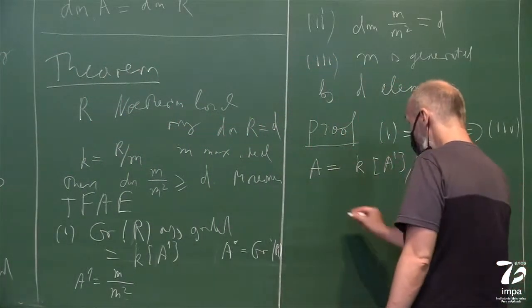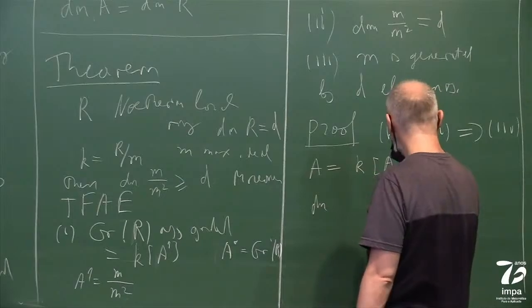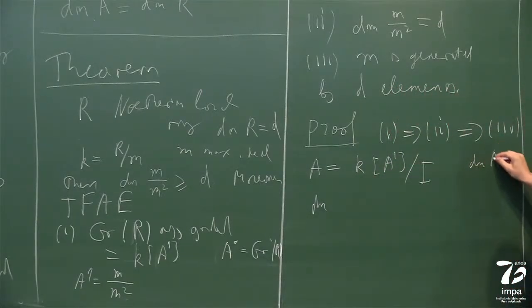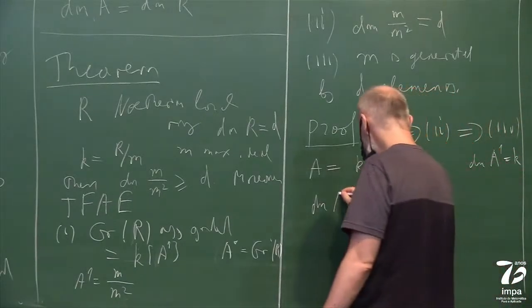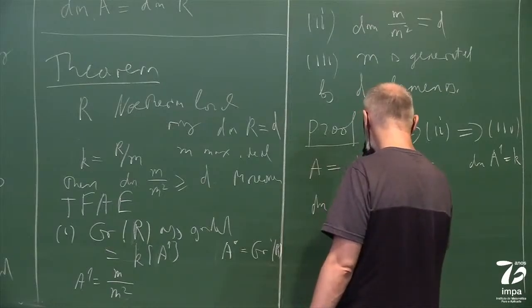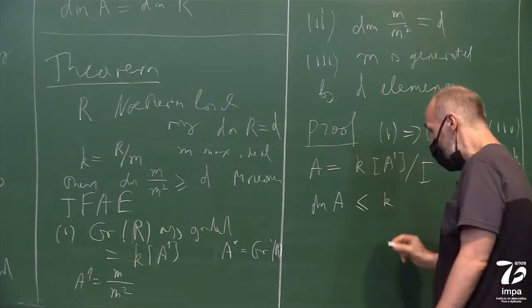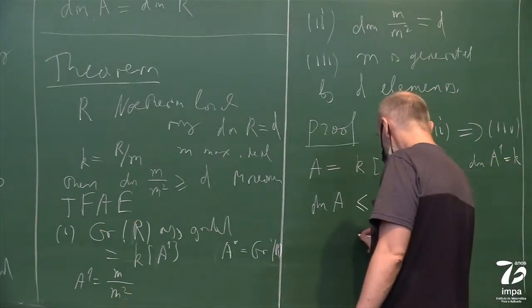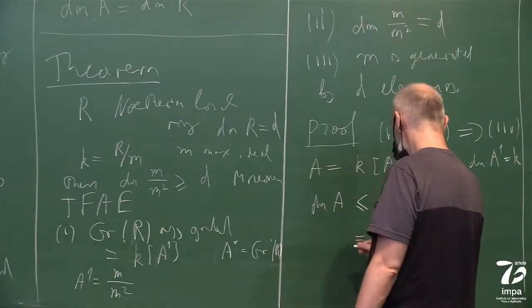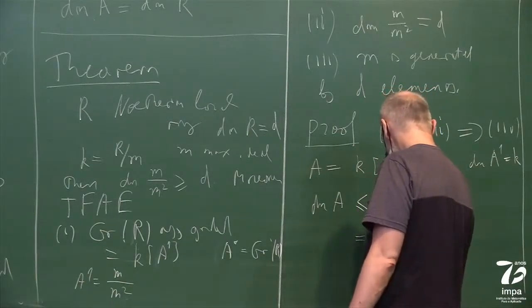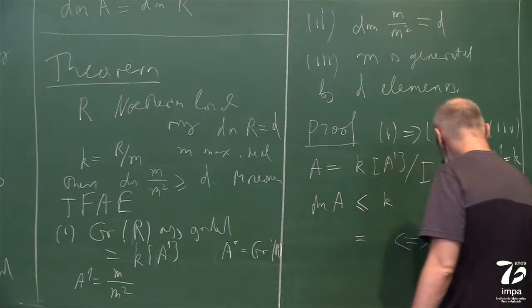Okay, and then suppose we write the dimension of A1 is equal to K, then the dimension of A is less or equal than K. And in fact, equality happens if and only if I is trivial.